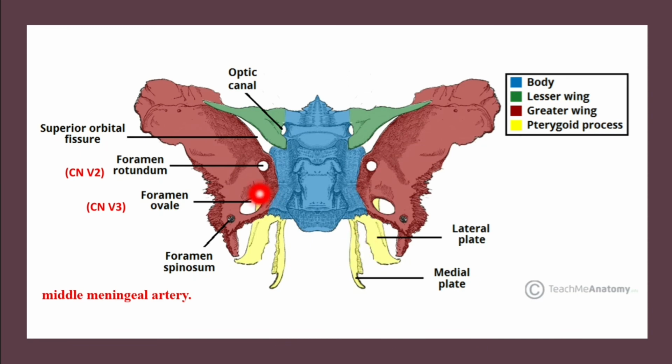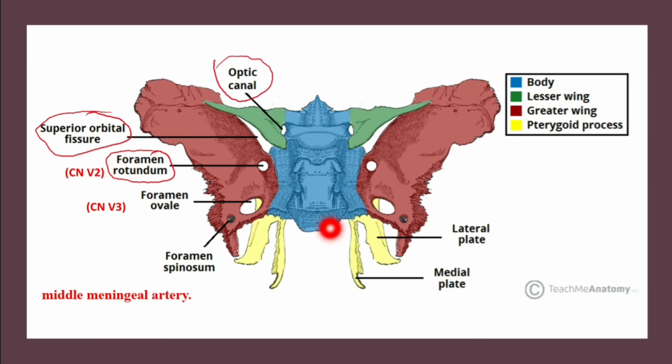Starting on the top, the optic canal is where the optic nerve goes through, and you can see the superior orbital fissure. Different nerves go through that. We'll talk about them later in the skull as a whole. Round foramen, foramen rotundum, is where the second branch of the fifth cranial nerve passes through.